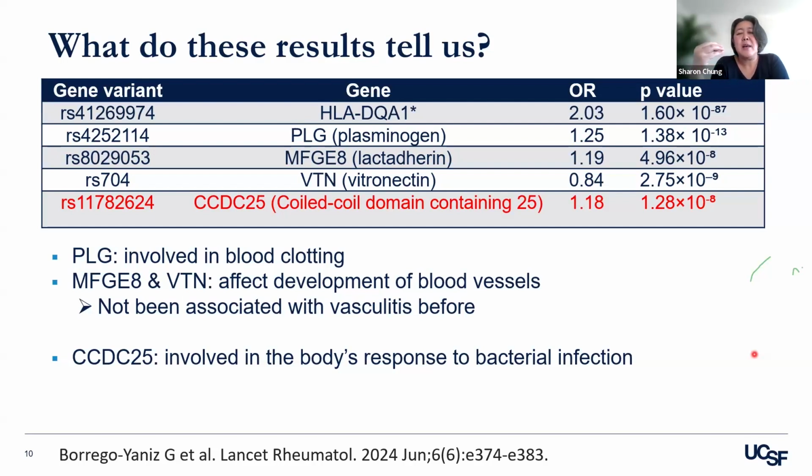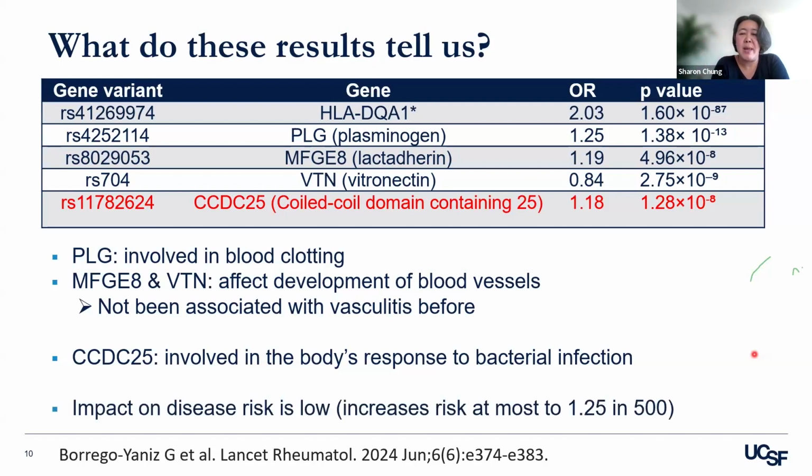So I just wanted to give a sense of, while the risk imparted by each of these genes, aside from the HLA, the impact on disease risk is low, the genes themselves do actually inform us quite a bit about the disease and the processes that are important in the development of disease.